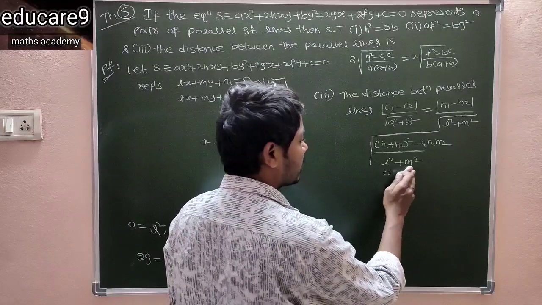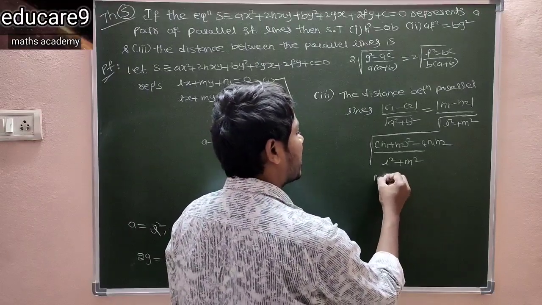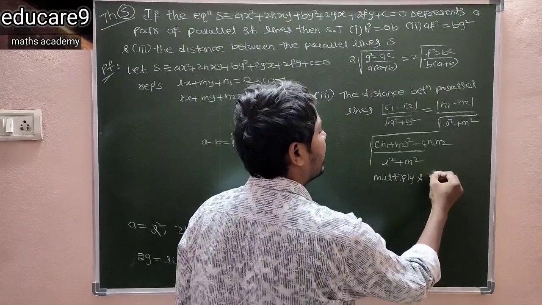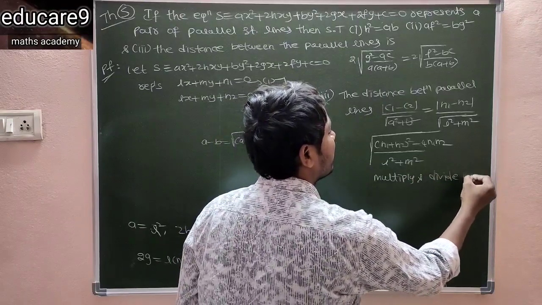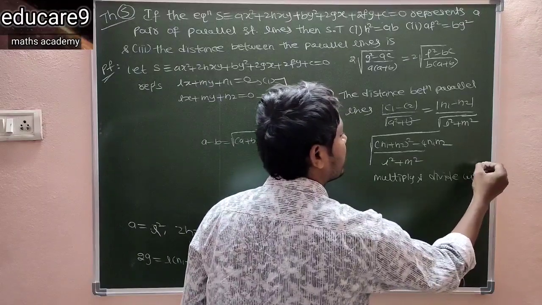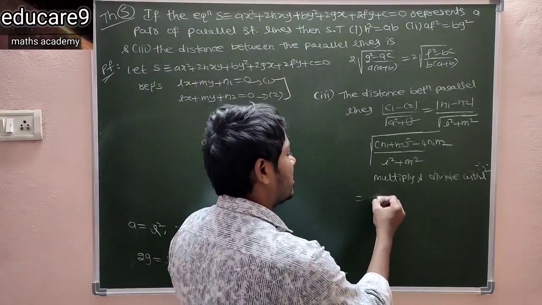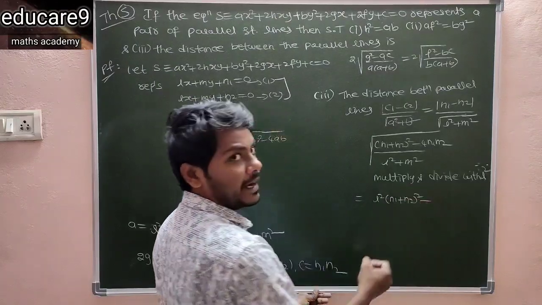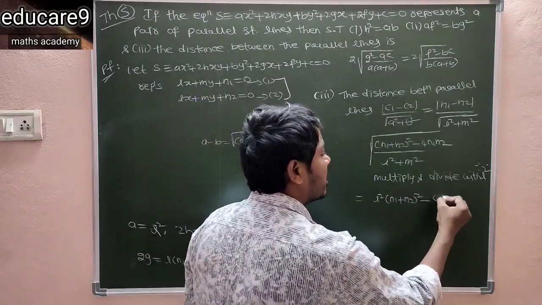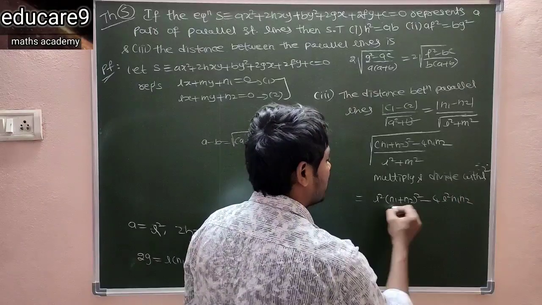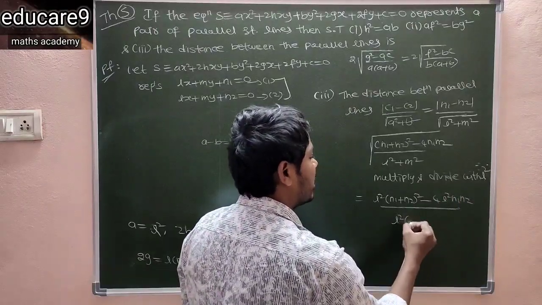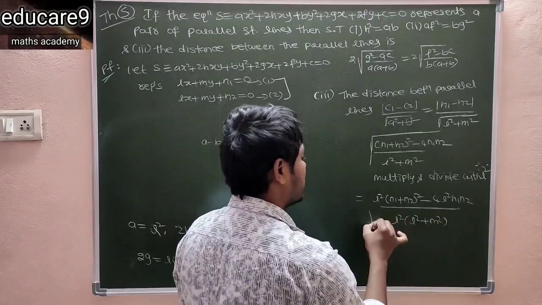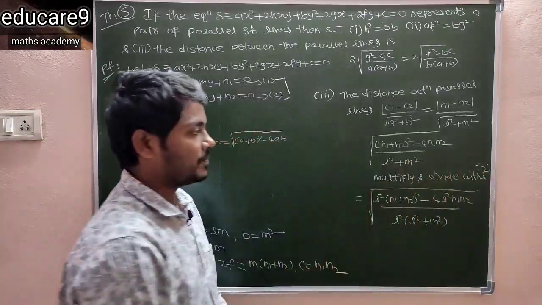So multiply and divide with L square. Here that is L square of n1 plus n2 whole square minus 4 L square n1 n2, divided by L square of L square plus M square. This is the first thing.